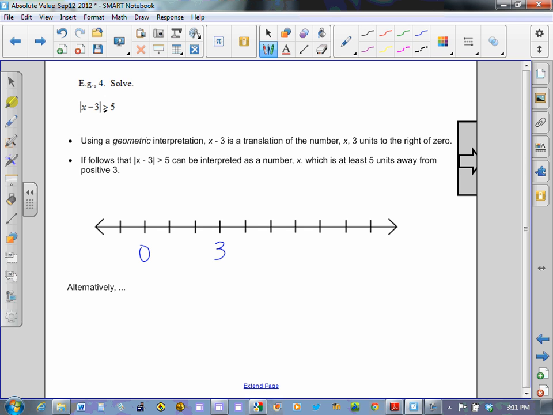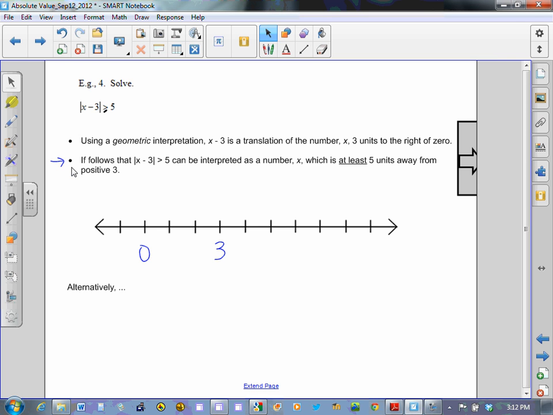So what I mean by that is in the second statement, which is here, that expression can be interpreted as the number x is at least 5 units away from positive 3. Okay, so at least 5 units away from positive 3.